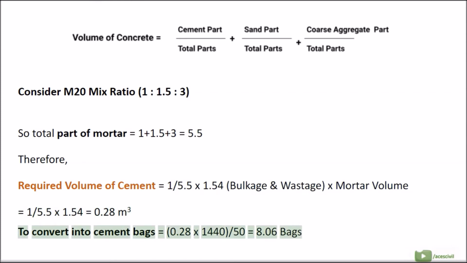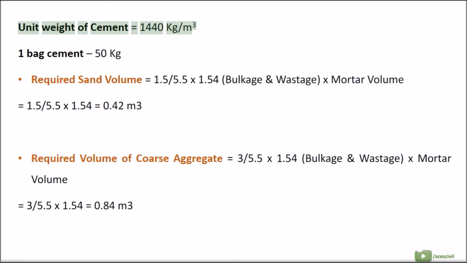To convert into cement bags: 0.28 x 1440/50 equals 8.06 bags. Unit weight of cement equals 1440 kg/m3. 1 bag of cement is 50 kg.